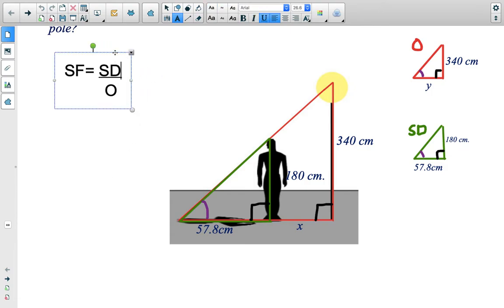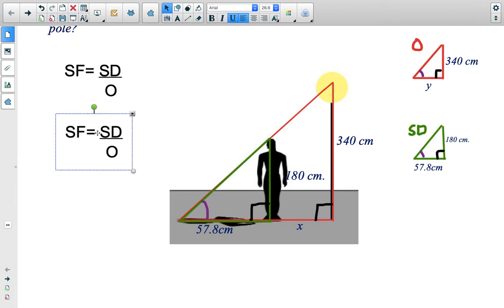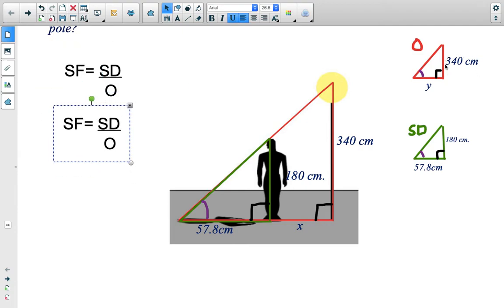So we are going to use the corresponding side lengths, grade 9s. We're going to use the 340 and the 180 because I know those two side lengths and I know that they're corresponding. So my scale diagram is 180 and my original is 340.